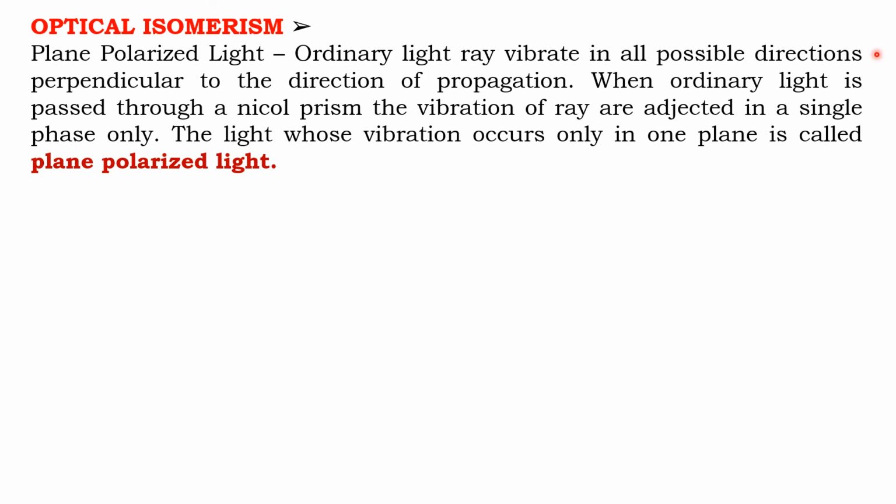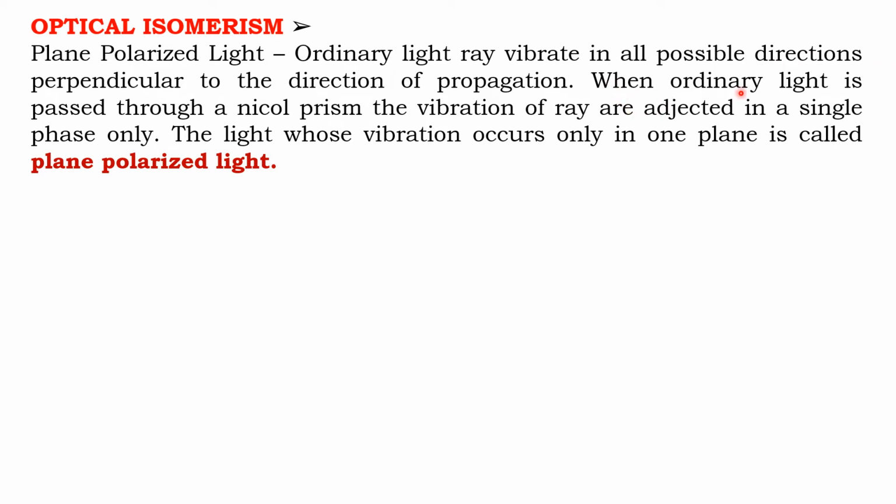Moving to optical isomerism, we have to see a term called plane polarized light. What is plane polarized light? Ordinary light has infinite directions of vibration, but plane polarized light has only one direction of vibration.